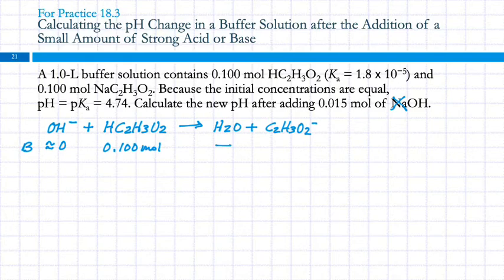And initially we had 0.1 moles of the acetate. So then when we look at what's being added, we're adding 0.015 moles of hydroxide ion. We're not adding any of this, we're not adding any of that, we're not adding any of this.